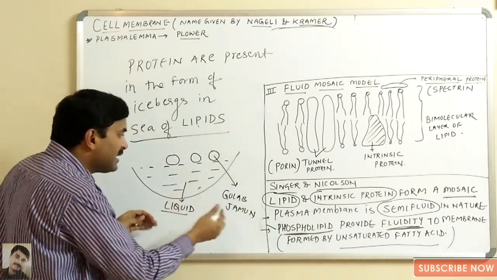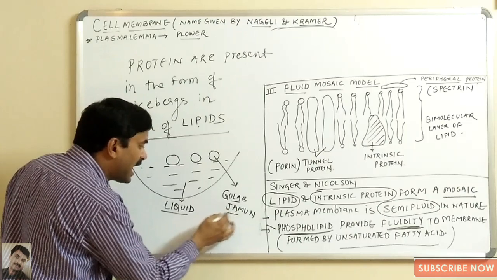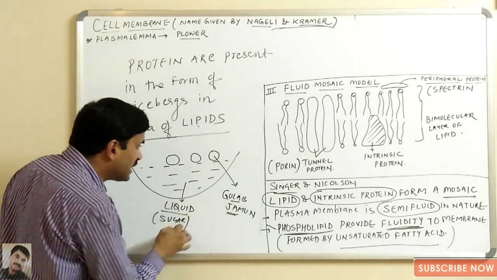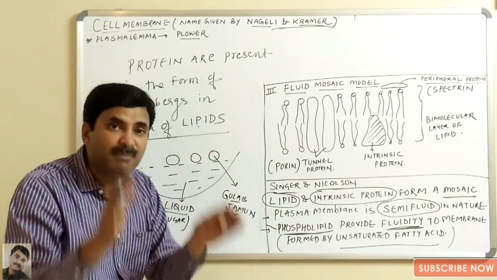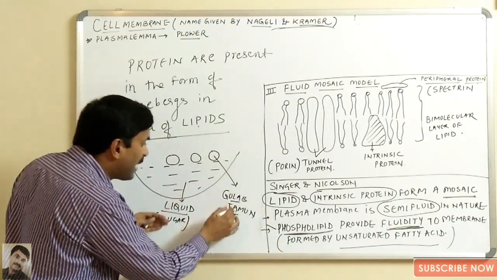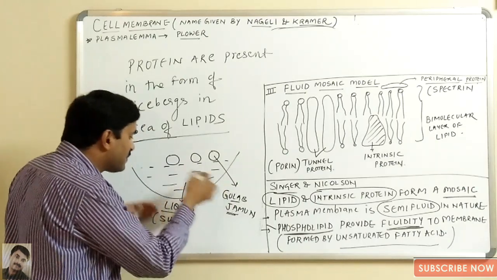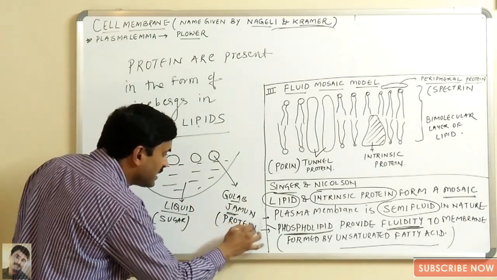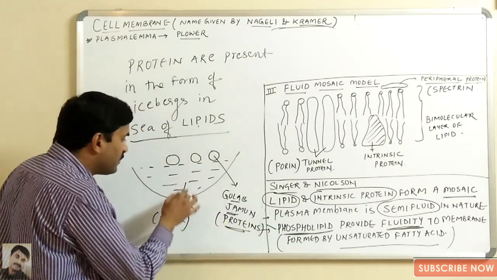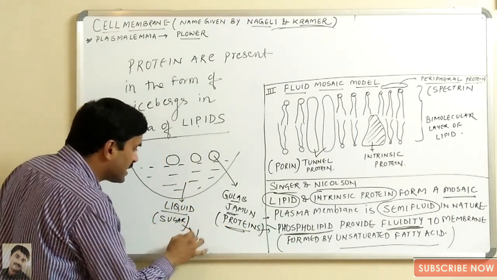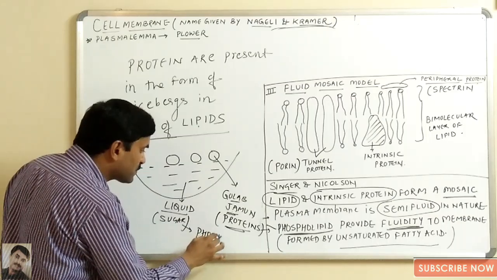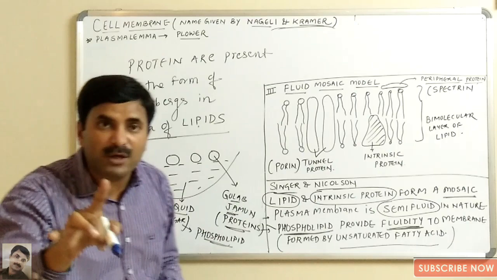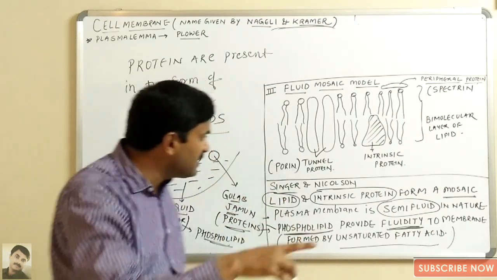Just like the gulab jamuns are dipped in the sugar solution in a utensil, in exactly that manner the proteins are dipped in the phospholipids. So we can treat the gulab jamuns as the proteins, and we can treat the sugar solution as the phospholipids. Are you getting the arrangement of the phospholipids and the proteins?